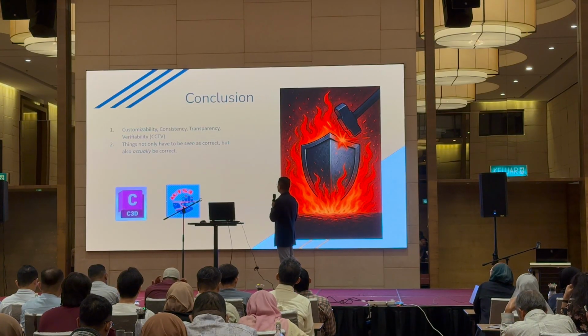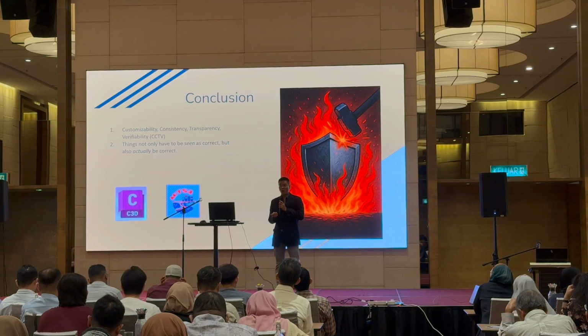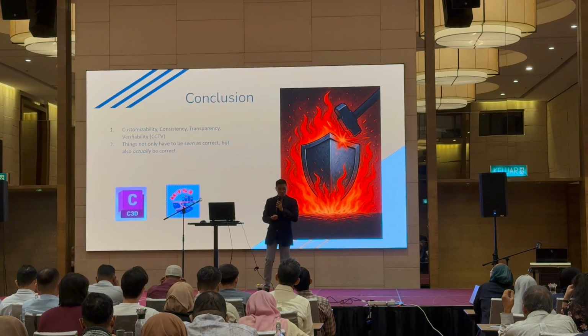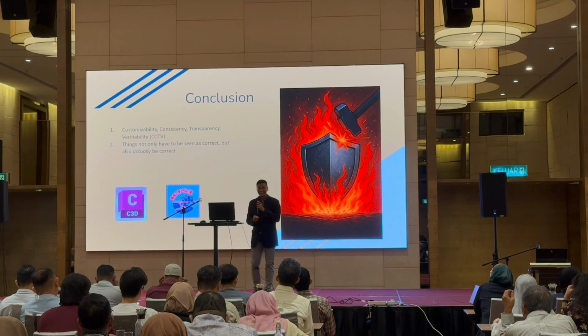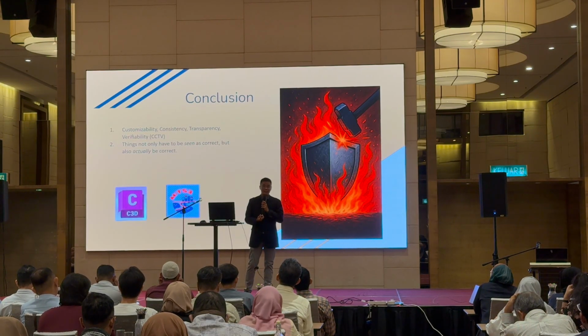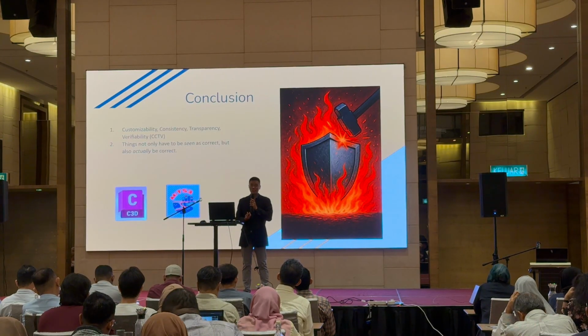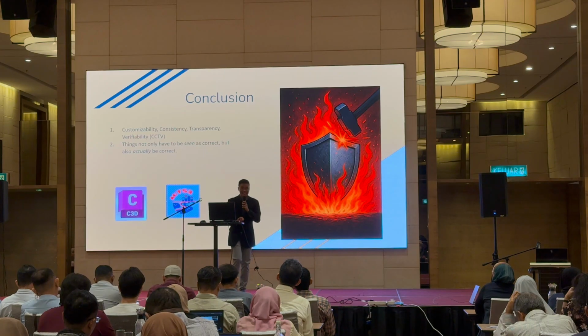So things not only have to be seen as correct. A lot of AI things nowadays look very real, something like Sora. But when you take a deeper look, you'll find that the movement there is not according to the laws of physics, which means they are not true.